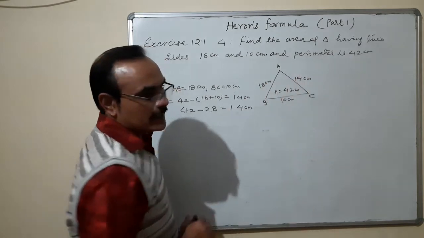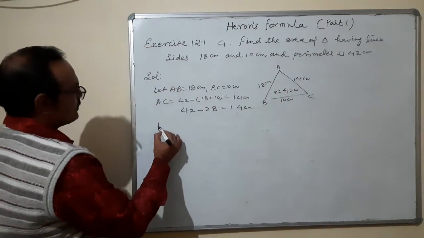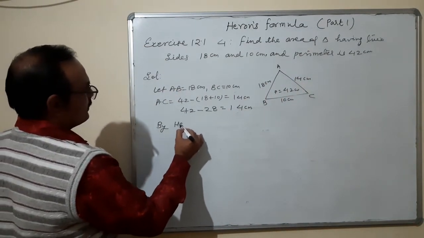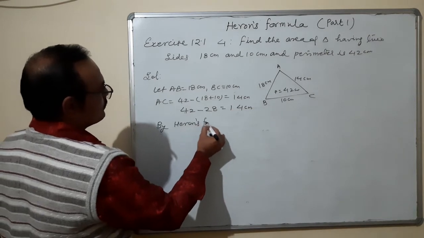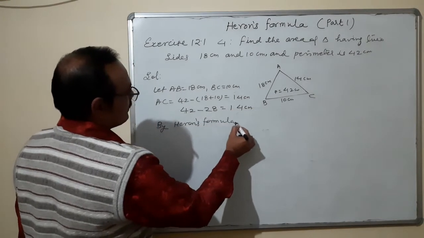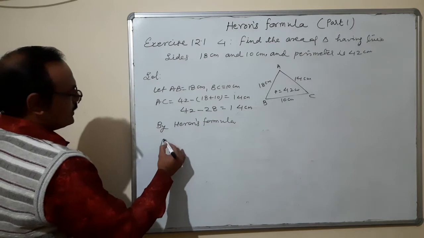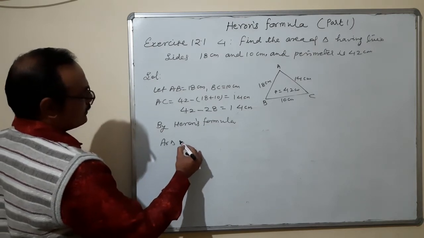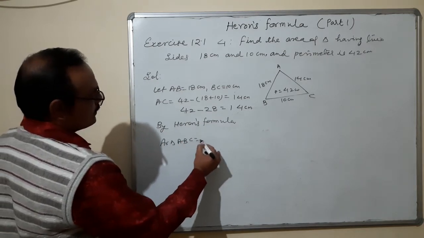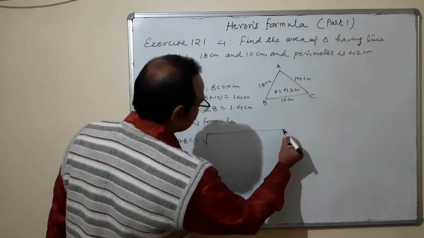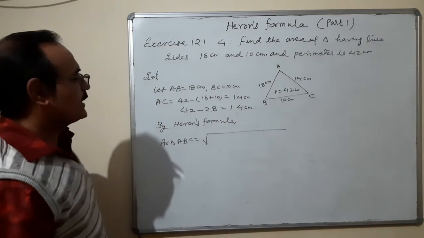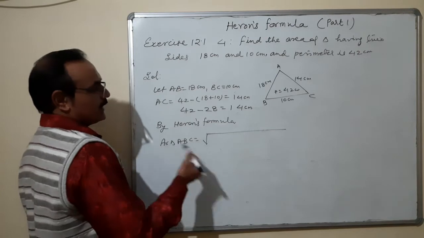Now we got all three sides, using Heron's formula. By Heron's formula, area of triangle ABC is equal to the square root of S(S minus A)(S minus B)(S minus C). How to find S?